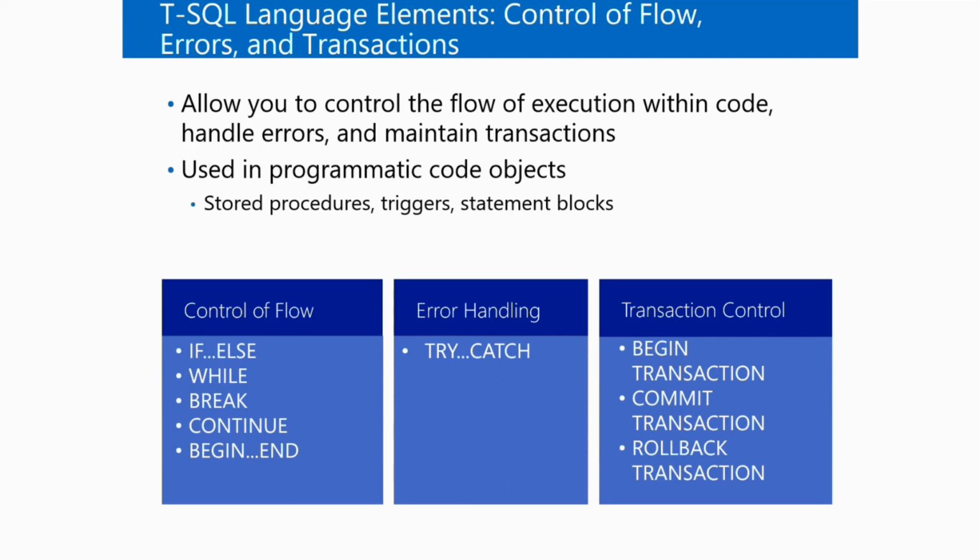So if you have 10 records and you want to one by one check them for a particular value, then you can do that within your while loop. Then break and continue statements are used as a part of the while statement. In case you want to come out of the loop, or you just want to move to the next value within the loop, you can use the break and continue statement.